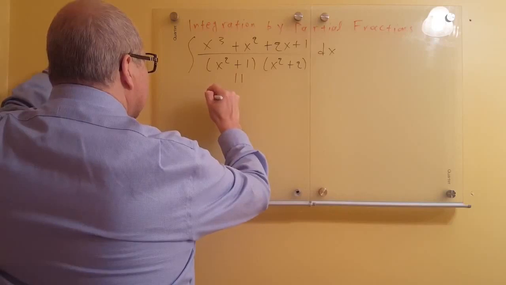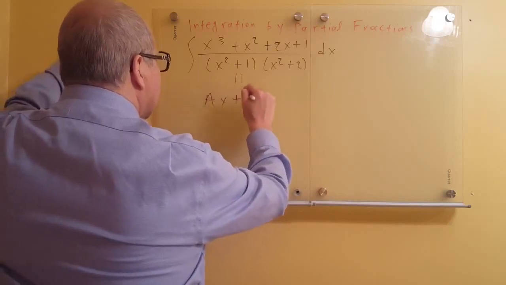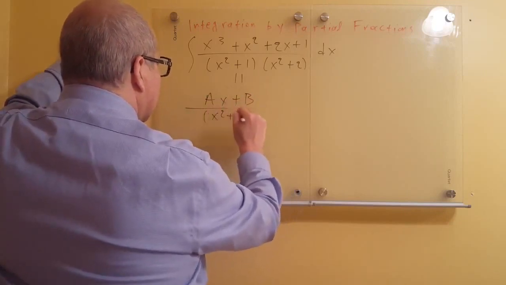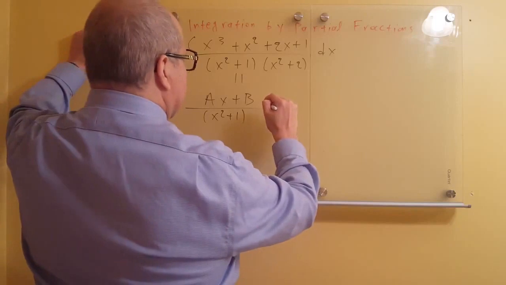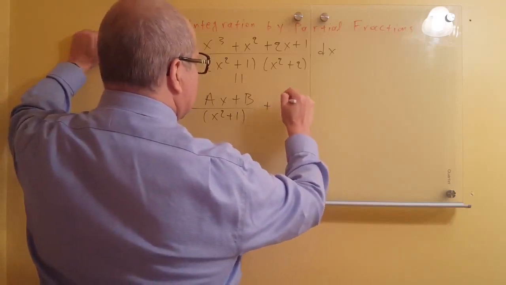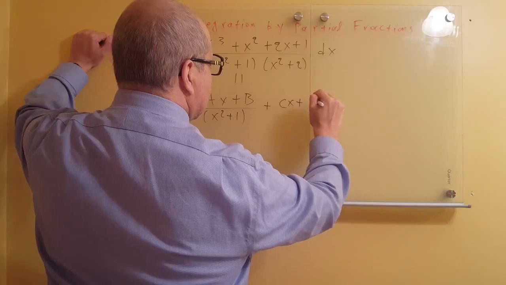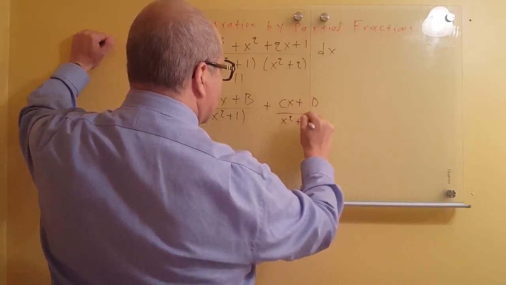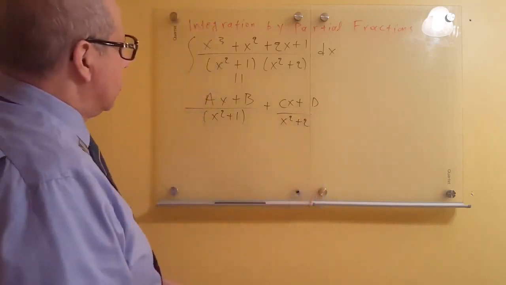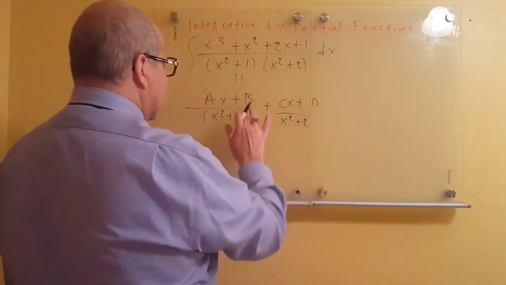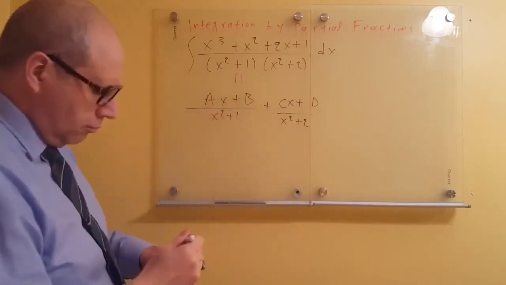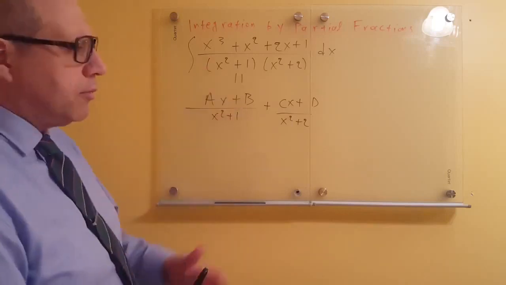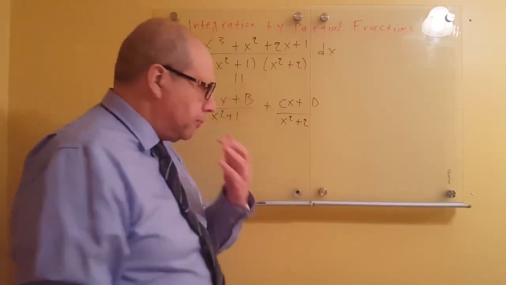So we have to find (ax plus b) over (x squared plus 1) plus, let's say, (cx plus d) over (x squared plus 2). So need the brackets here. So again, we have to find A, B, C, D.